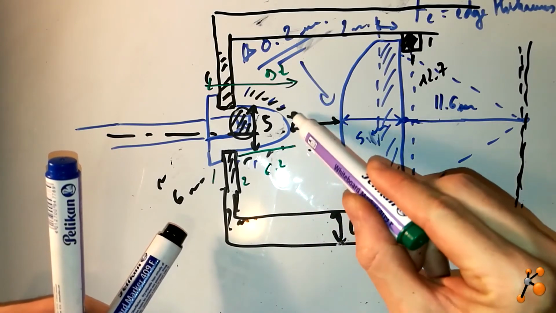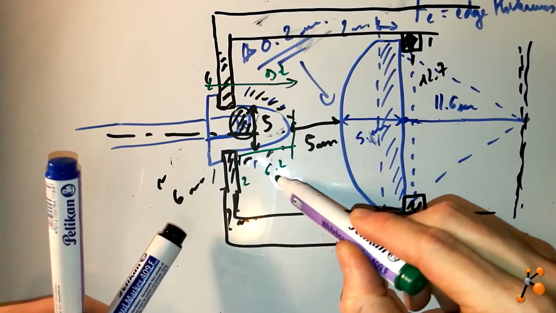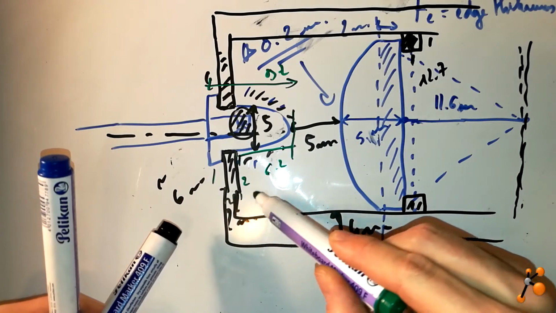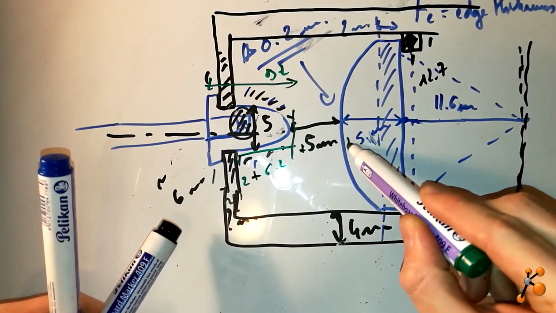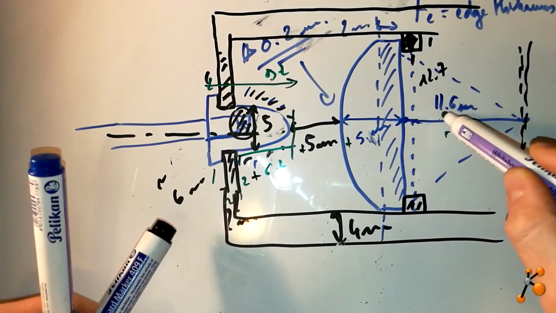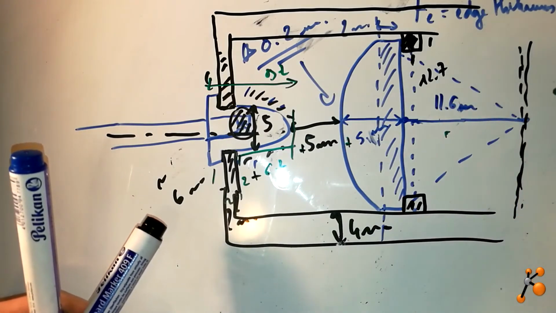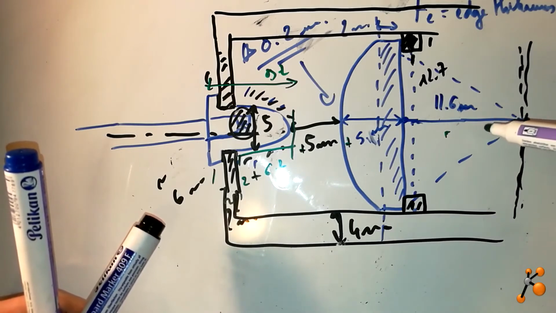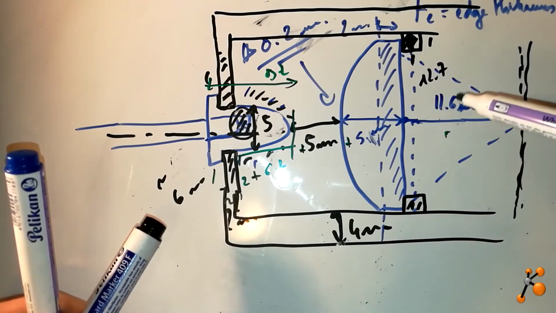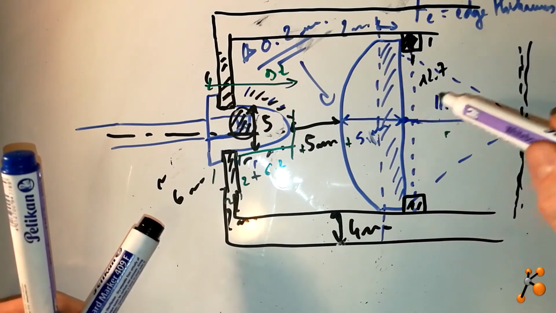So this distance here is 6.2. So we know that this should be 2 plus 6.2 plus 5 plus 5 plus 11.6.